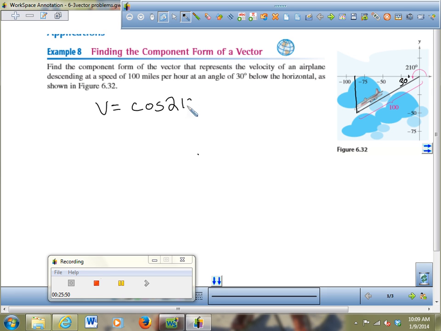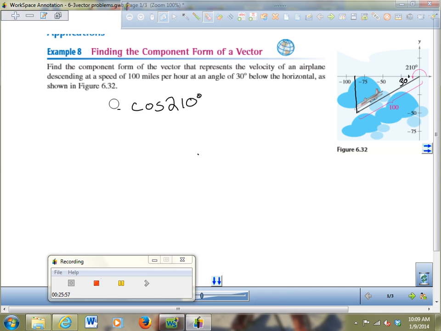So you want to call this the cosine of 210 degrees, whoops, I forgot the magnitude. Magnitude is 100, okay? Cosine of 210 plus 100 times the sine of 210. So you have to call it the angle from the x-axis. You could also call it negative 150, but that gets kind of complicated anyway.